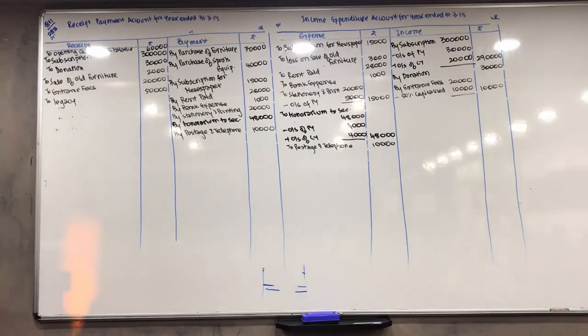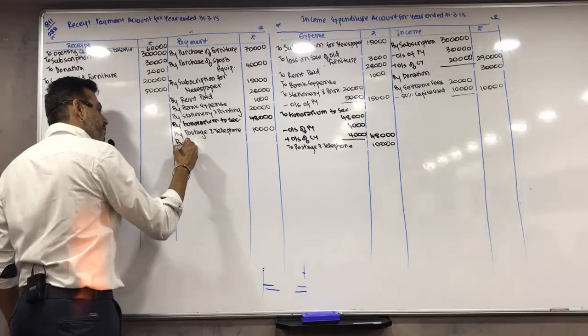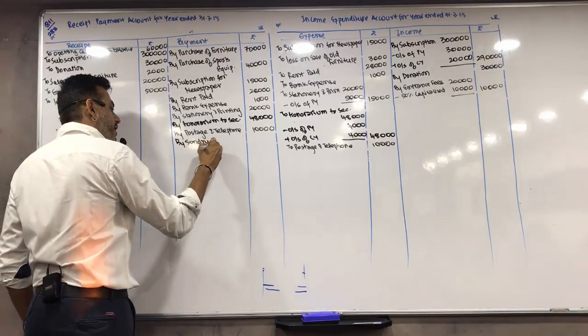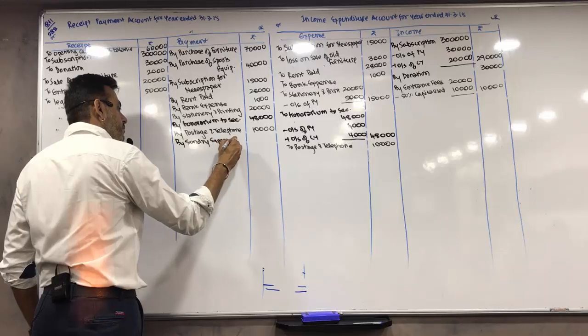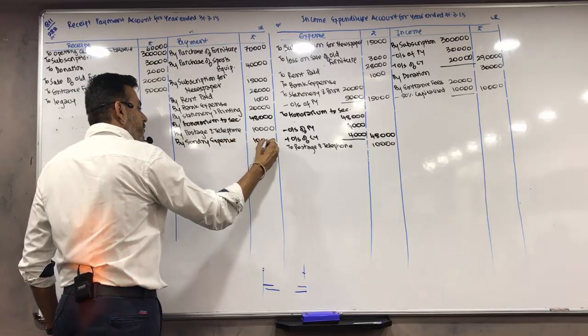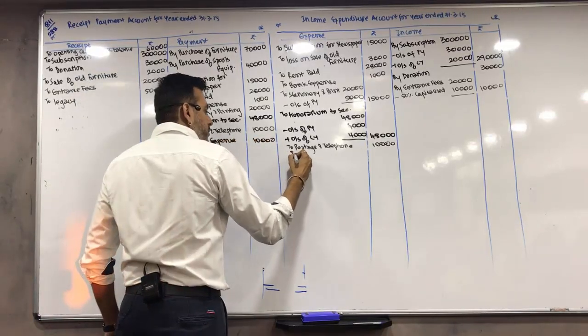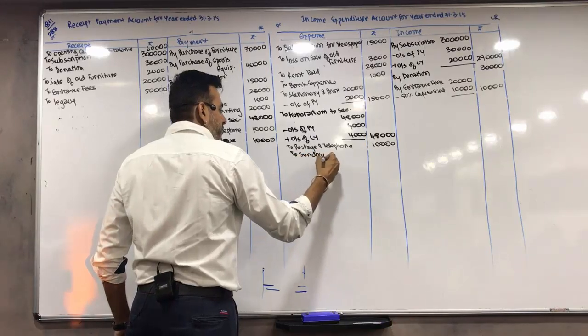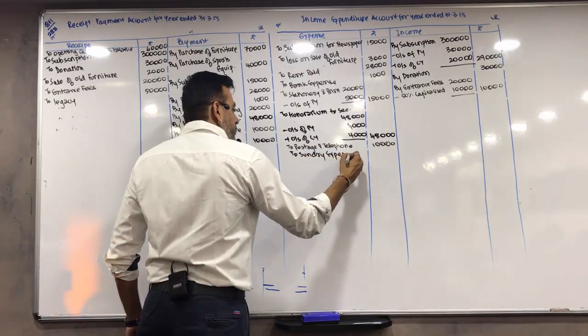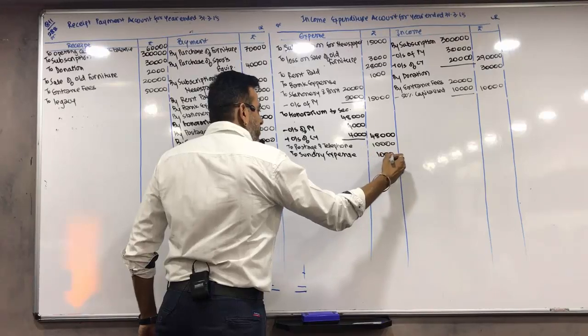Next, sundry expense 10,000. By sundry expense 10,000, to sundry expense 10,000.